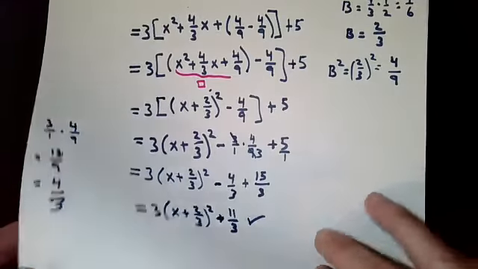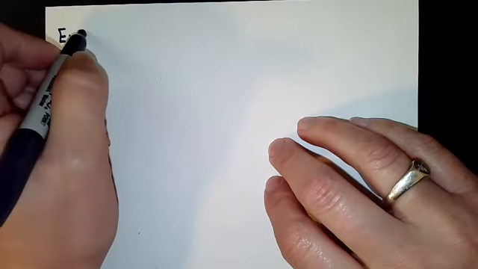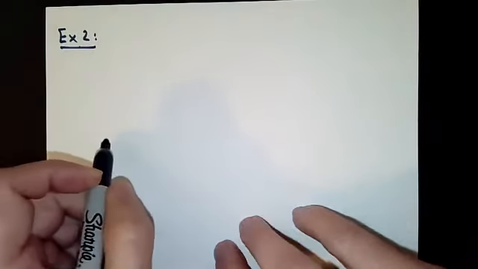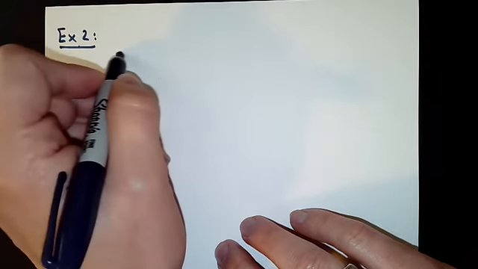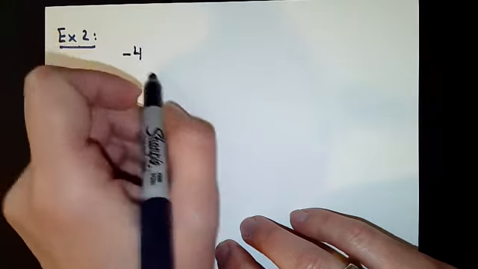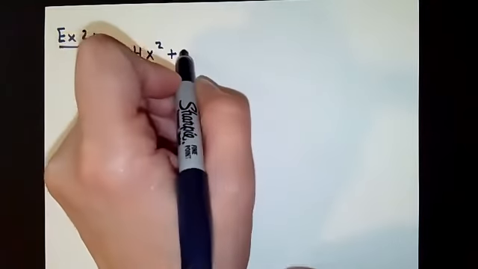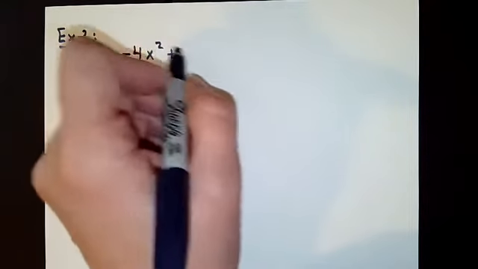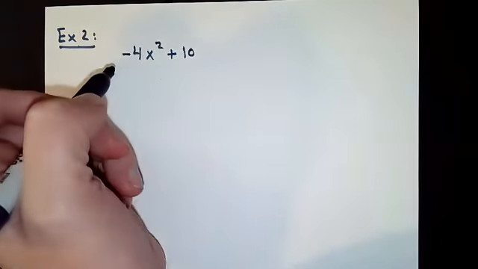All right, let's look at a different example. So let's complete the square on -4x squared plus, sorry, lost my train of thought there for a moment, plus 10x.